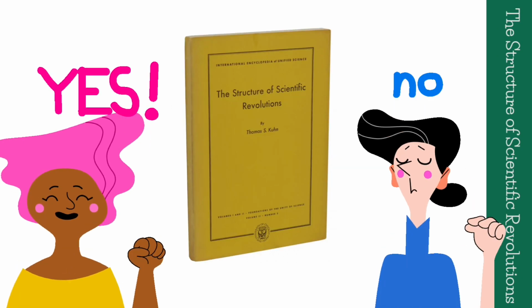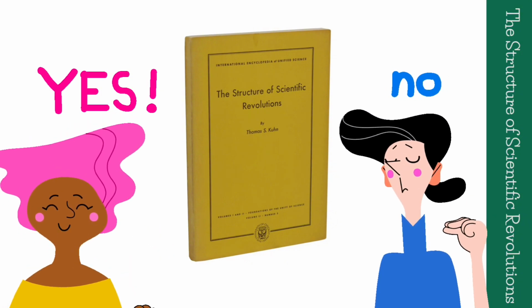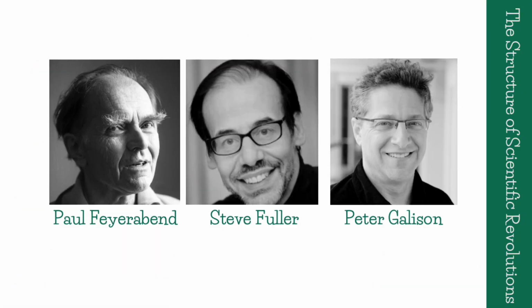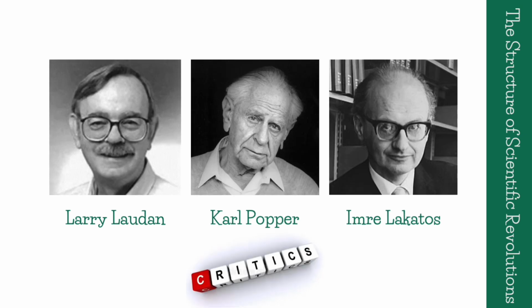His ideas have both been praised and critiqued. Supporters argue that Kuhn's model is a more realistic depiction of how science works in practice. Critics have pointed out that Kuhn's focus on revolutions may overemphasize the role of drastic shifts in science.